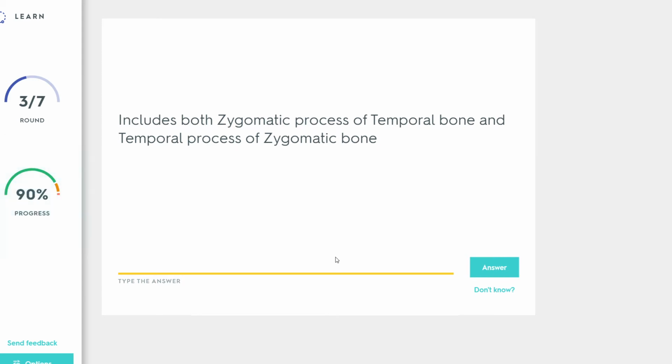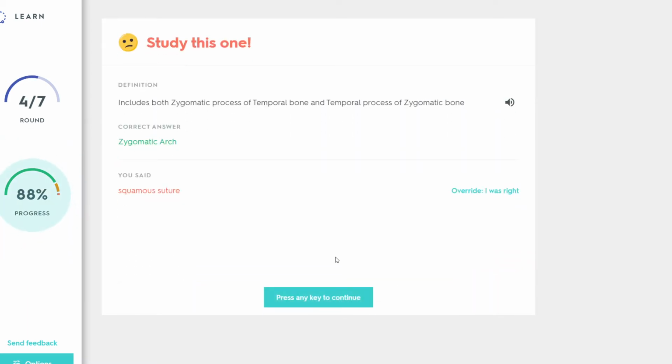Whew, this is a tough one. I'm going to have to go with the... no, let's try the squamous suture. There's a boundary. It's the zygomatic arch.